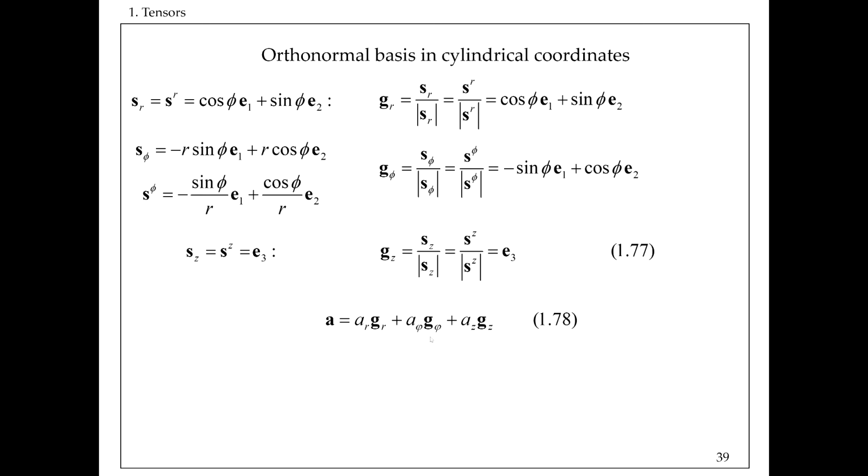Of course, g z coincides with E3, but g r and g phi don't coincide with E1 or E2, only for very particular cases, when phi takes the values of 0 or the trivial one, half pi. In general they will be different, and this is a function of phi, so they will be governed by the angle that defines the location, right?